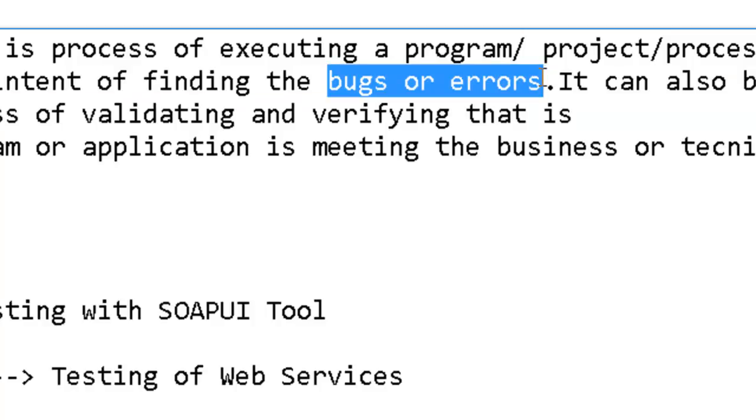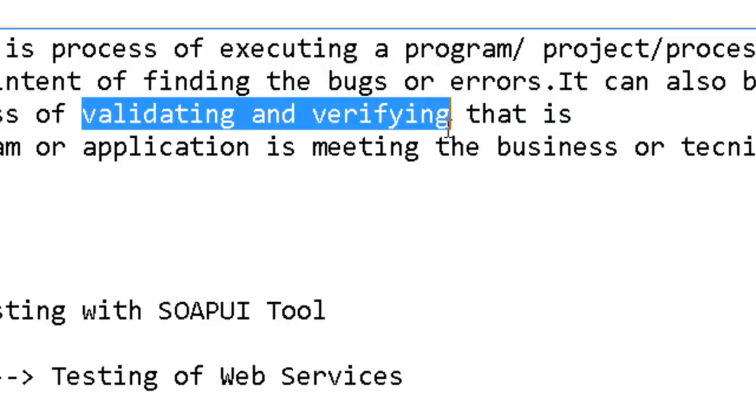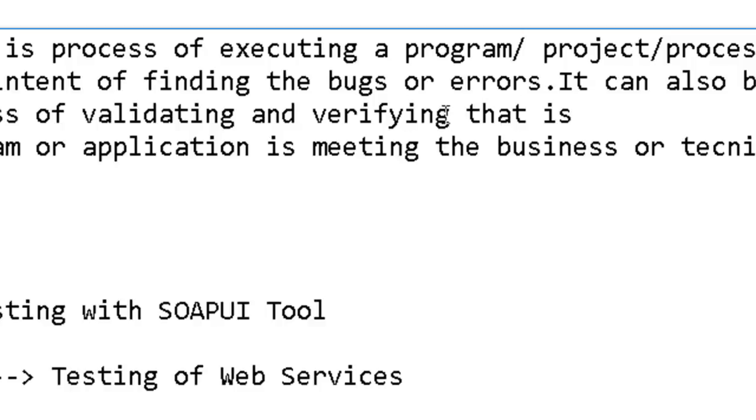Okay, it can also be stated that testing is a process of validation and verification. These are the terms which are basically concerned with testing. Verification means just to check, to test where it lacks, and validation means just to validate it on the basis of some results, on the basis of some verifications.